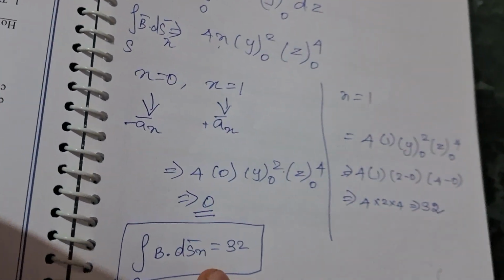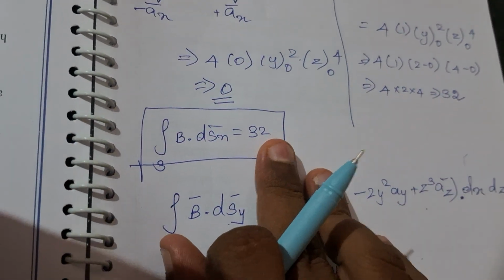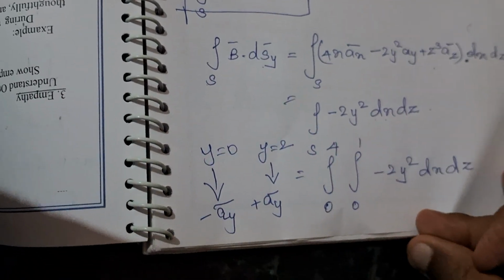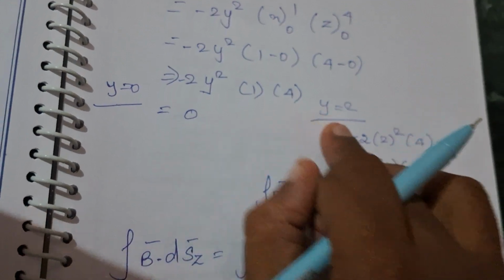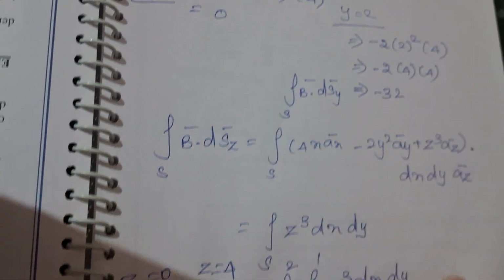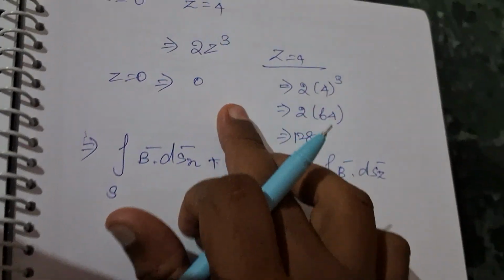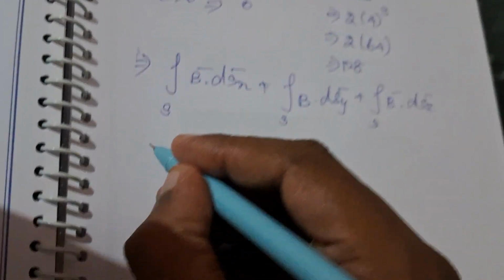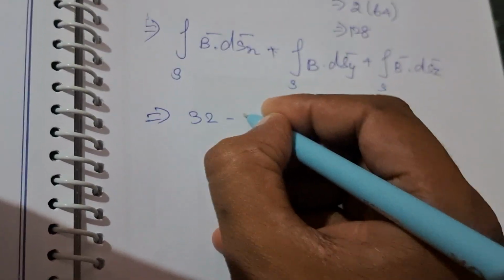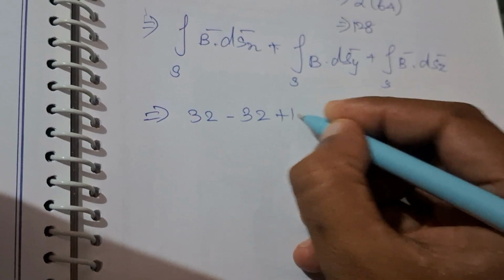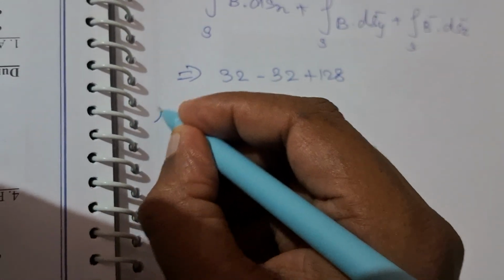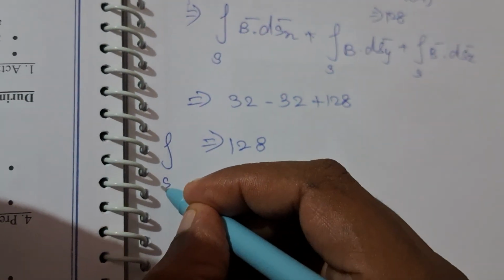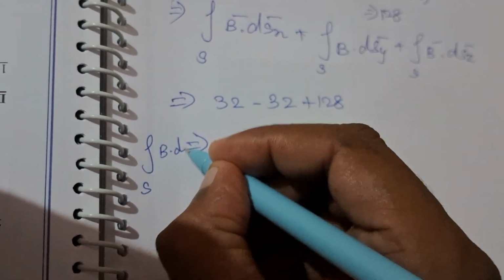Okay, so what is B dot dS? B dot dSx gives 32. B dot dSy gives minus 32. B dot dSz gives 128. So 32 minus 32 plus 128 gives 128. This is the overall surface integral of B dot dS.